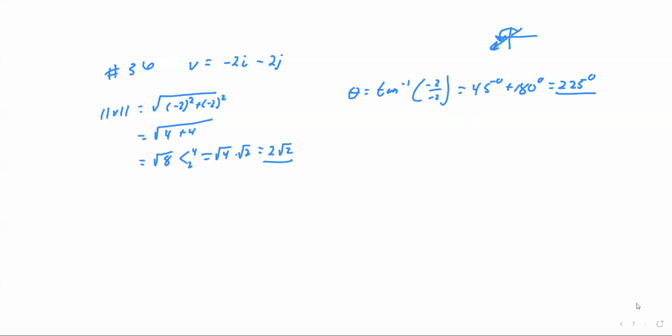Another type of question I saw was number 43. That set of questions says, find the component form of v given its magnitude and the angle it makes with the positive x-axis. So here we go. You were given that the magnitude of v is 4.